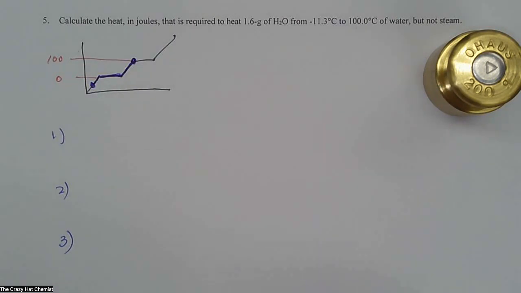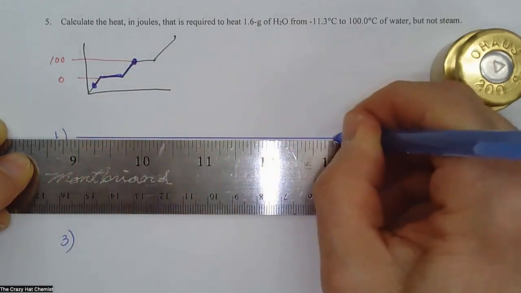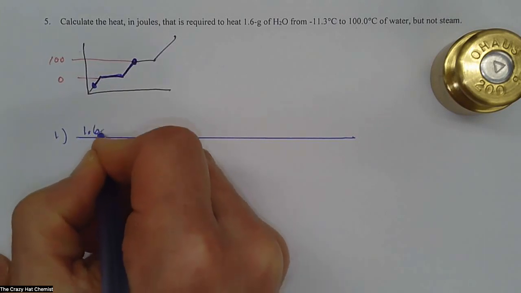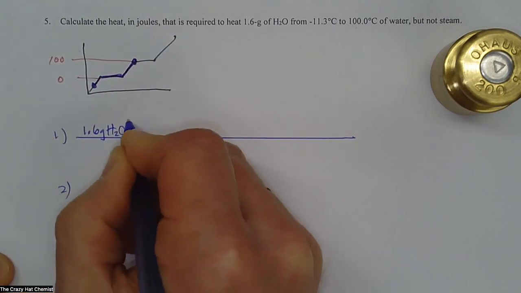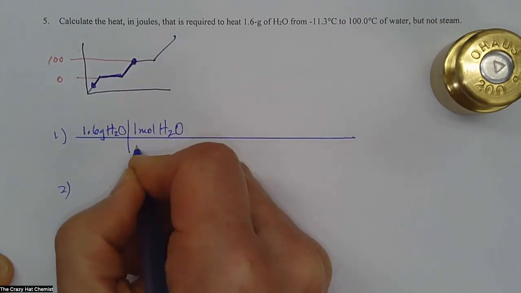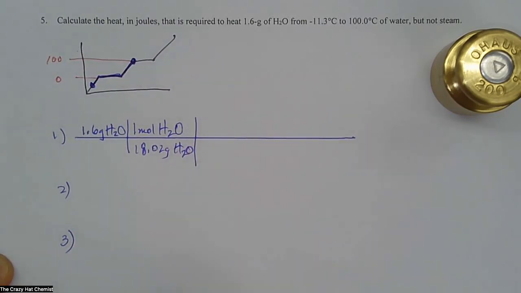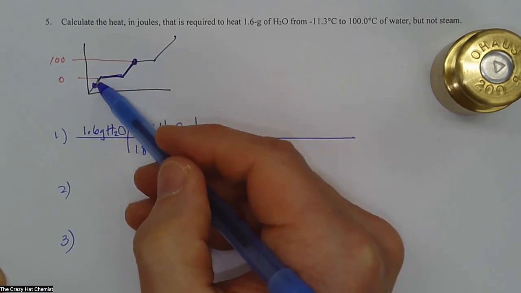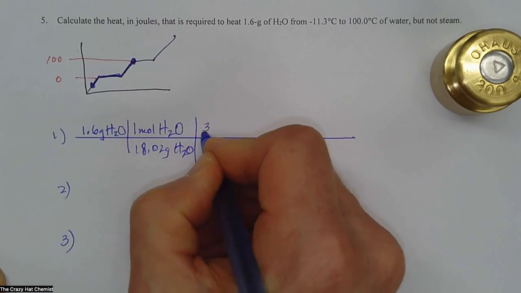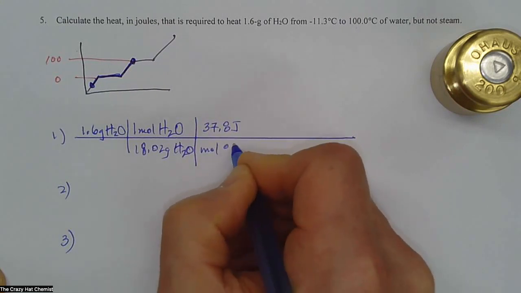Okay, here we go. Let's see if we can knock this one out of the park a little bit faster than the last one. So this one, we have 1.6 grams of H2O, and we have 1 mole of H2O, and 18.02 grams of H2O. That is the molar mass for water. And in this first segment, we are using the specific heat capacity for ice that was given initially on this worksheet at 37.8 joules per mole degree Celsius.